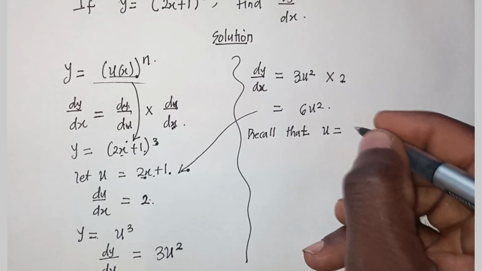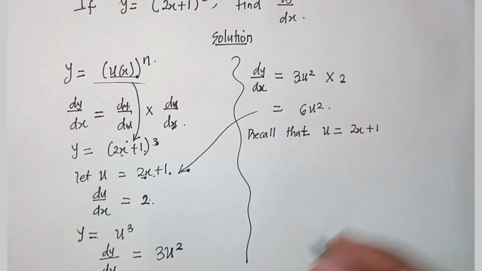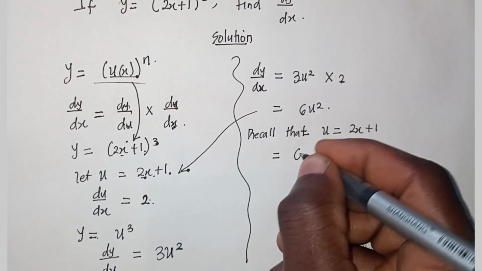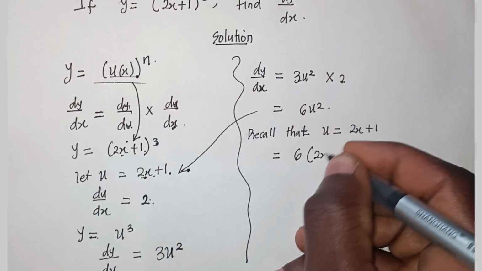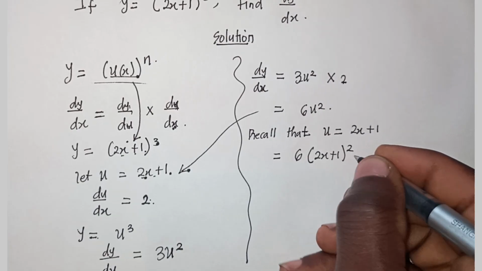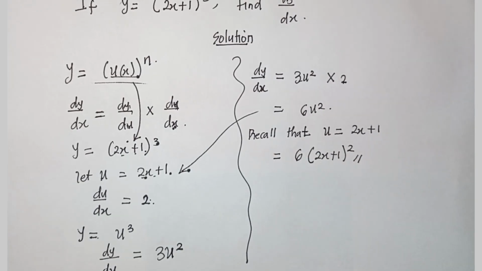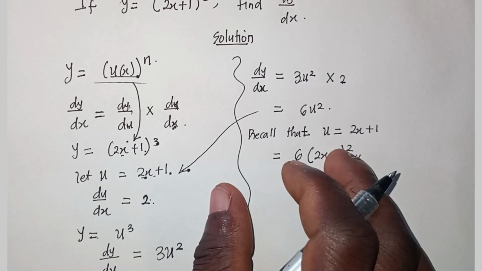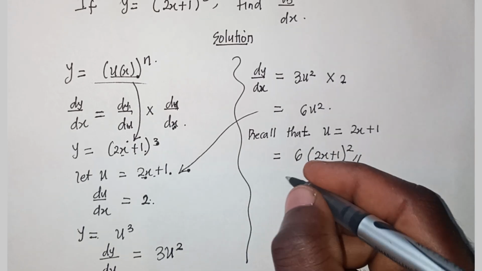Recall that u equals 2x + 1. Then our final answer can now be 6(2x + 1) raised to power 2. This is our final answer. This is an approach to solving that question.